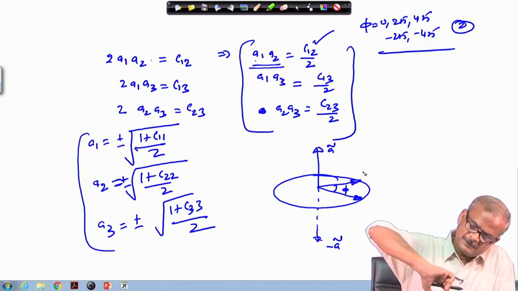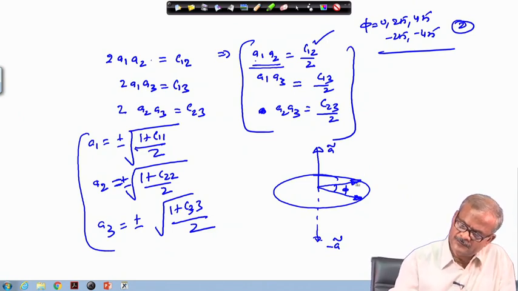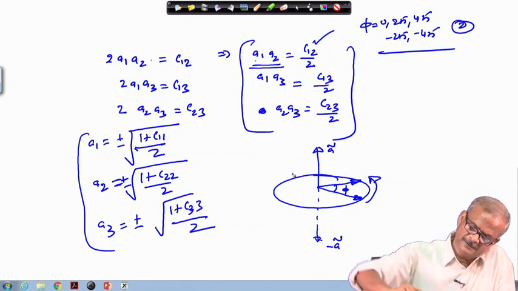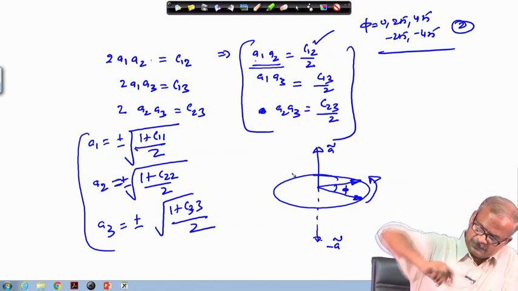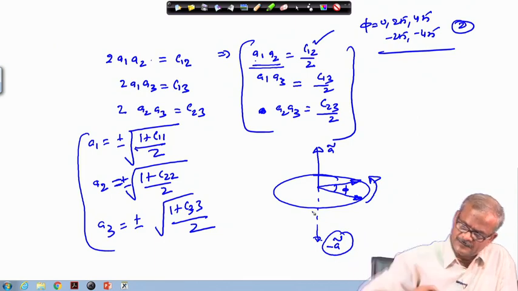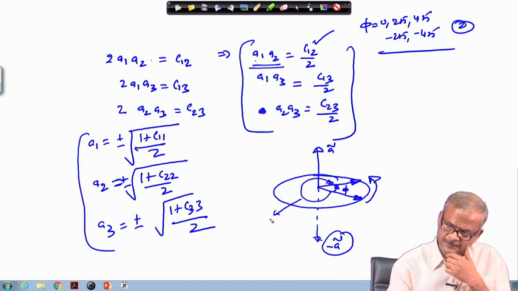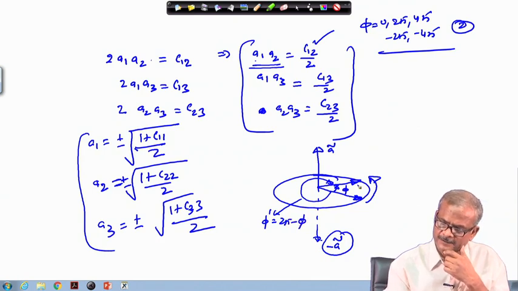So, if we go doing like this, first we have rotated here from this side to this side, and if we rotate this way, along the minus A tilde axis, by say phi prime from here to here, with phi prime equal to 2 pi minus phi. So, we get the same vector.